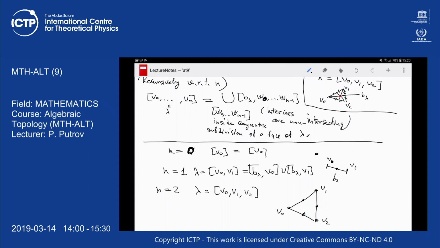First I find the centers of each of the edges, and then I draw the lines here. And so this will be b lambda. And since I use this formula recursively, the subdivision will be the division into exactly these small triangles which I have here. This is my barycentric subdivision when n equals 2.